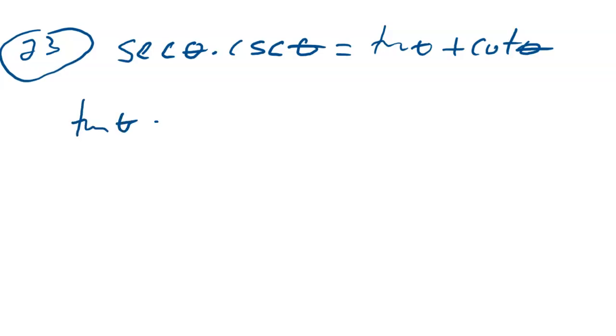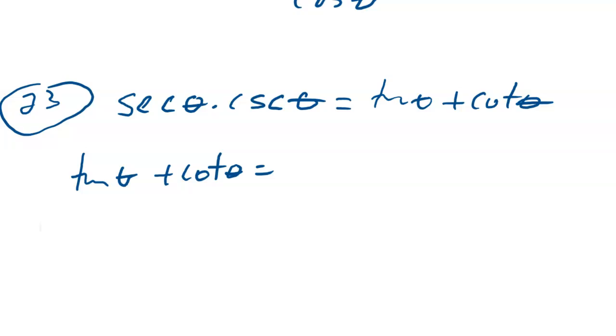Tangent theta plus cotangent theta is equal to, I'm going to go to sines and cosines. Or should I go to secants and cosecants? Okay, I'm going to go to secants and cosecants.